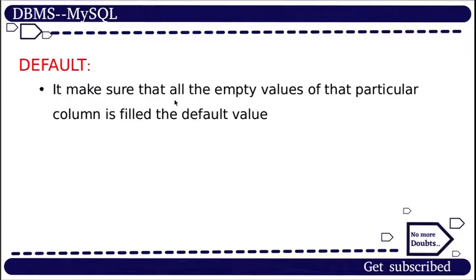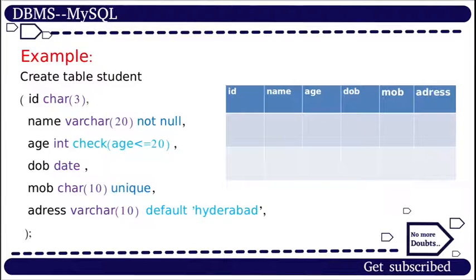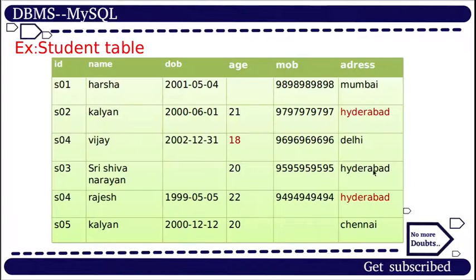Default constraints make sure that all the empty values of that particular column are filled with the default value. If you consider this example, for the address column, we made the default Hyderabad. So if you consider this table here, for the student of student ID 1, we said address is Mumbai and Delhi, and for this student Shivanarayan, we made address Hyderabad, and for Kalyan, Chennai.